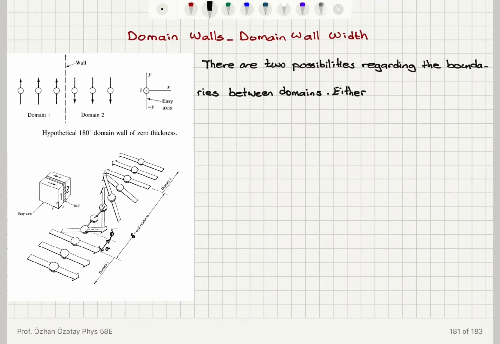Either the domain boundary is infinitesimal in width.